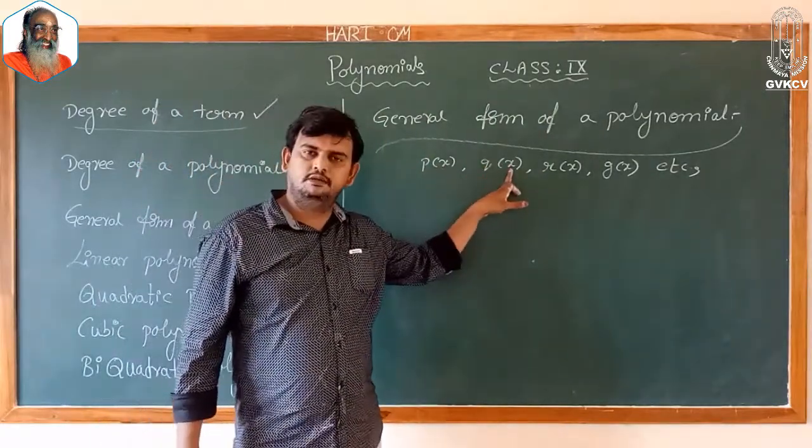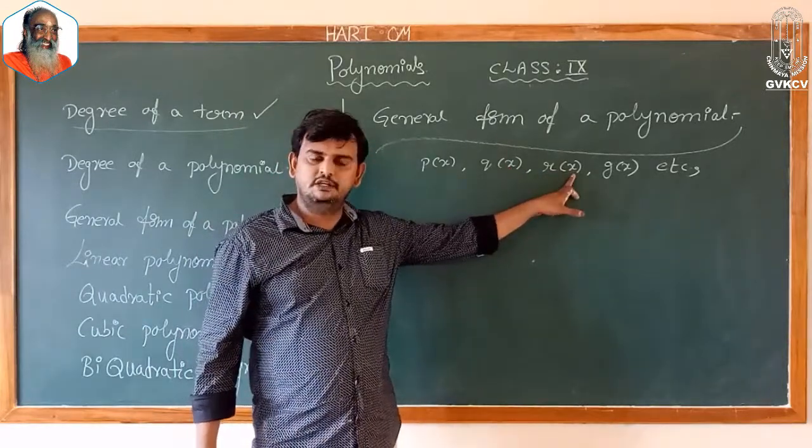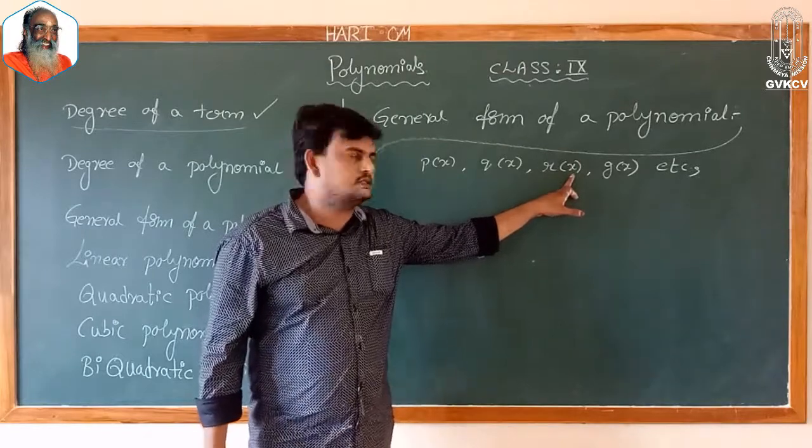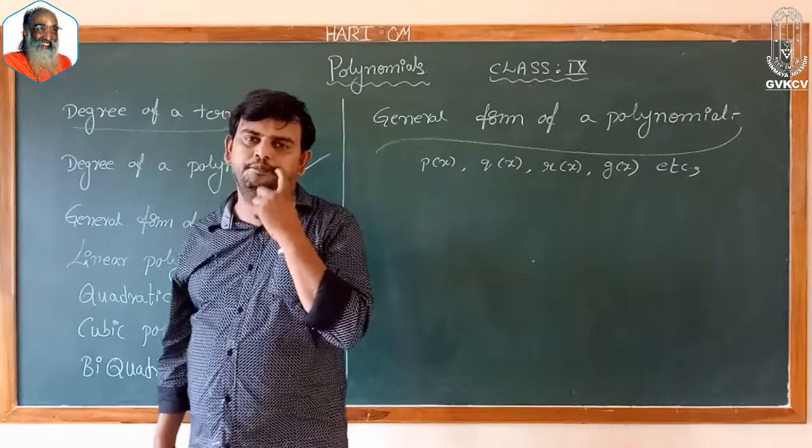Q of x, polynomial with variable x. R of x, polynomial with variable x. G of x, polynomial with variable x, etc.